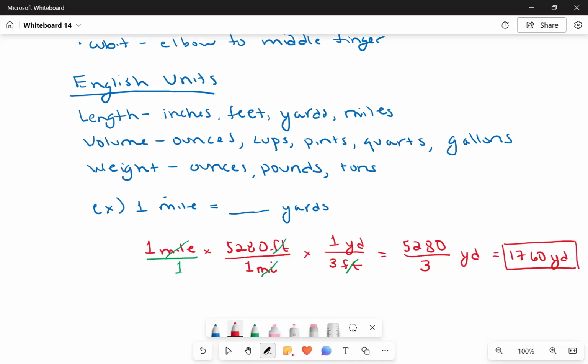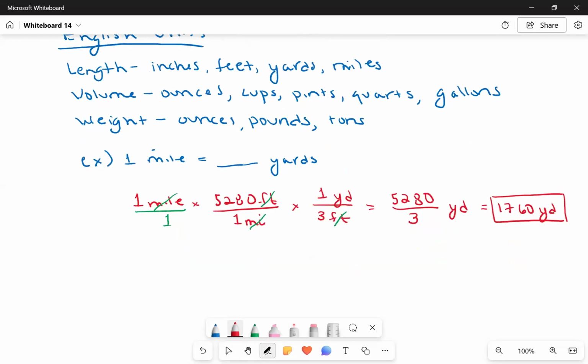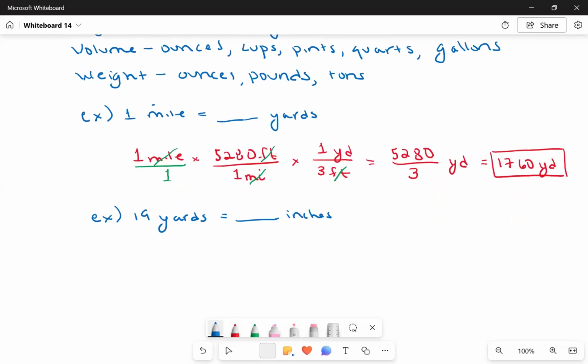So I'm going to repeat this process multiple times so we can get the hang of it. Okay, let's try another conversion. Let's do 19 yards. I want to convert 19 yards to inches. I start by writing what I am working with, 19 yards.